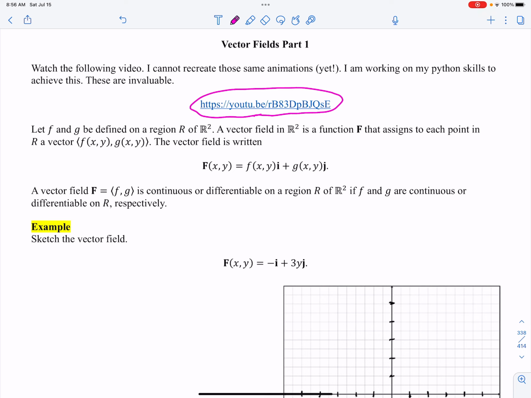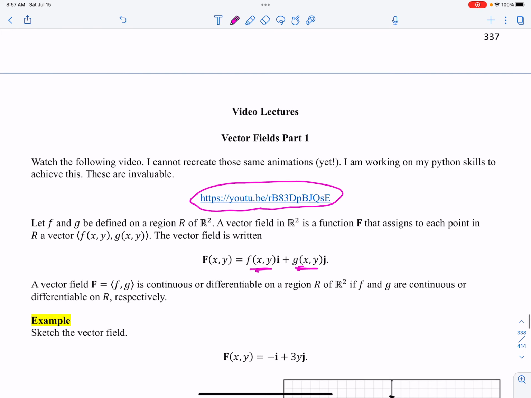Notice the bold F. When we write it, we're going to write F with the arrow on top. And then we have two components, a function f and a function g, of x and y in each. A vector field is continuous or differentiable in a region if f and g are continuous or differentiable. So if these functions are continuous and differentiable, then the vector function is continuous and differentiable.